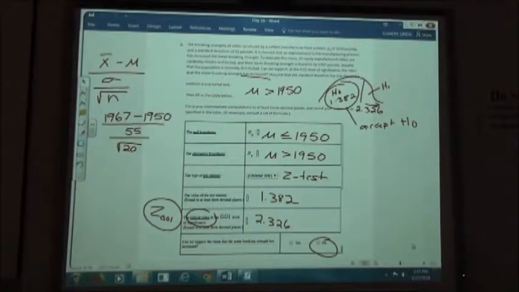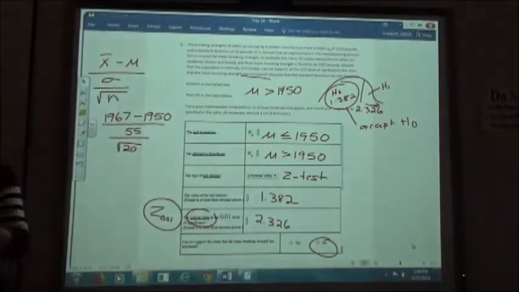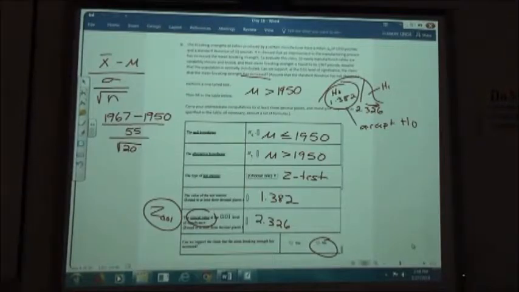Our standard deviation was 55. Our sample mean was 1967. And our N was 20. This time we did the mean is greater than 1950, so we would cursor over to the greater than.